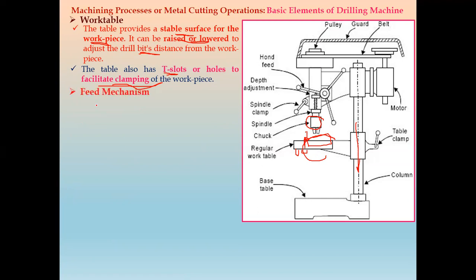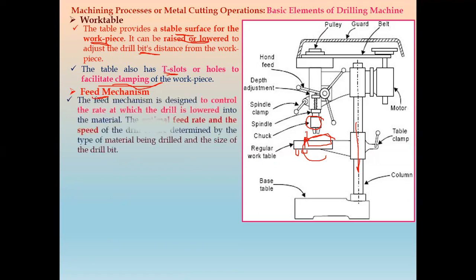Next part is the feed mechanism. The feed mechanism is designed to control the rate at which the drill can be lowered. For example, here a hand feed mechanism is there. By this hand feed mechanism, using the hand wheel, by manual rotation, we can lower the drill bit and the spindle.